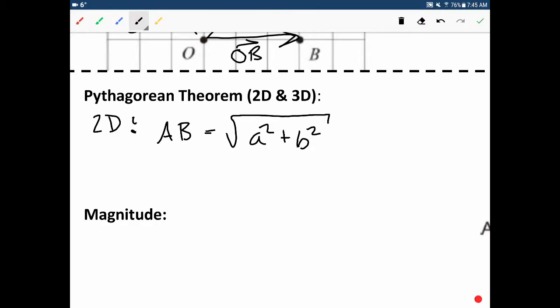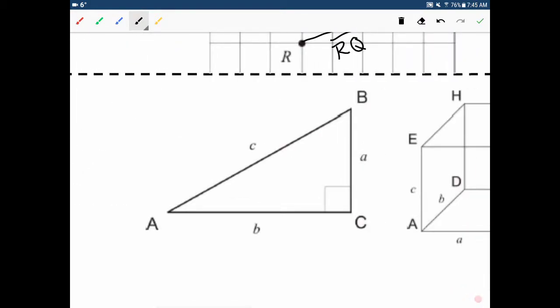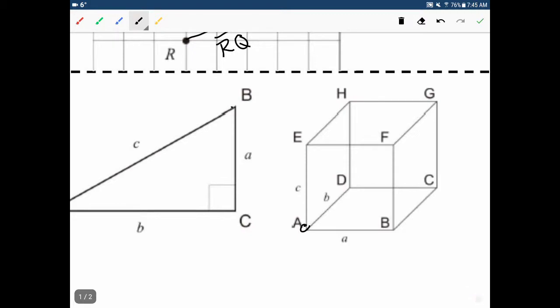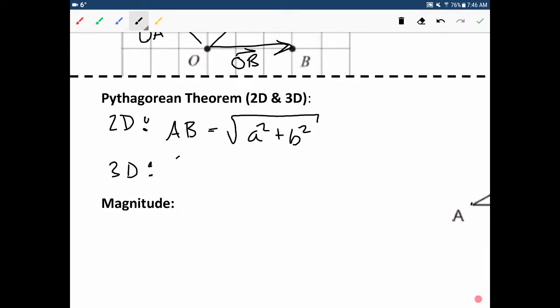But what you may not have known is that it also works in 3 dimensions. I was referring to this diagram right here. So that would be going from A to B, and that would tell you that length. If we go over to this one here, if I want to go from A all the way to G, way in the far corner, it's going to work basically the same, except we've got more coordinates.